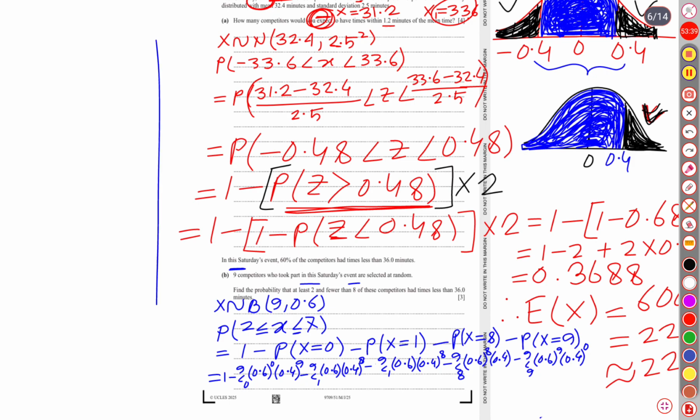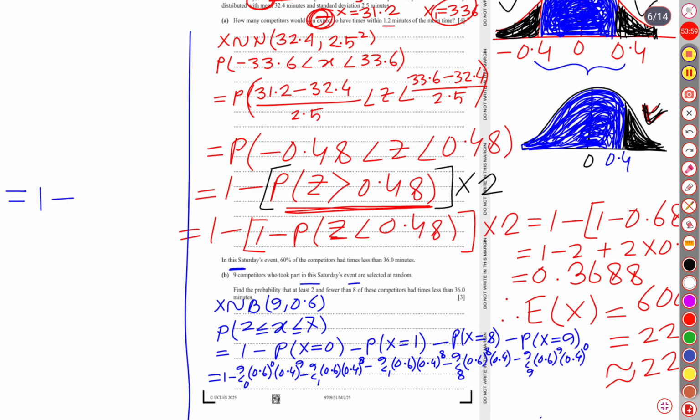Over here we can write: first one is 1, then 1 minus, 9 choose 0, which is actually 9. 9 into 0.6 raised to 0 is 1, and 0.4 raised to 9.